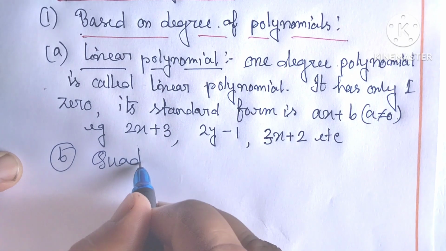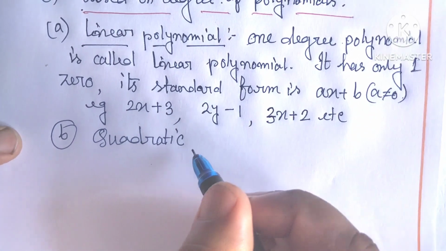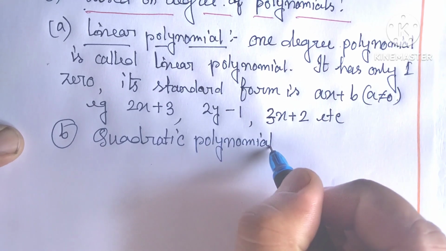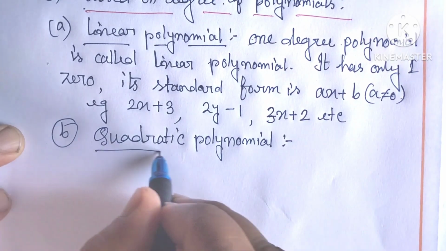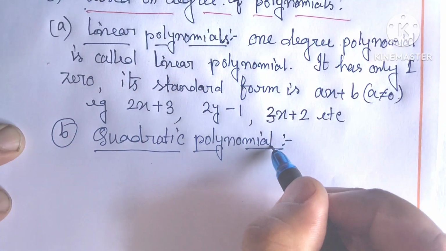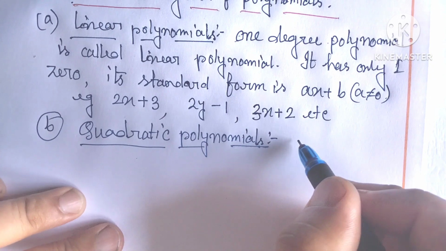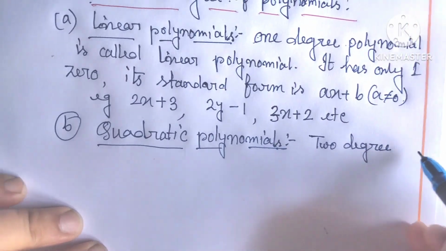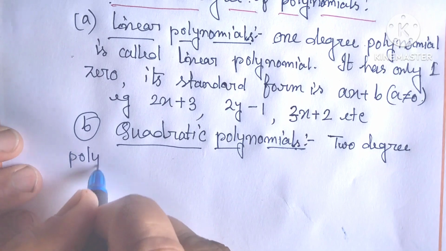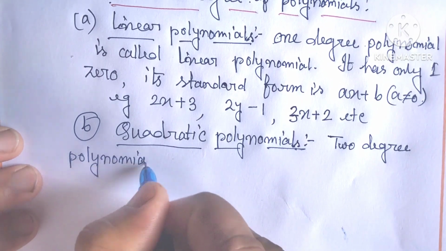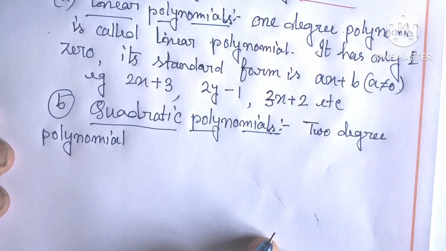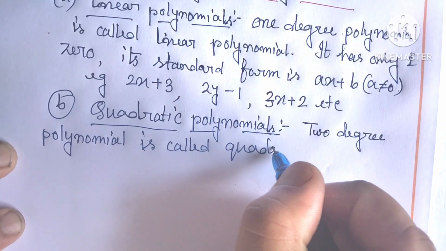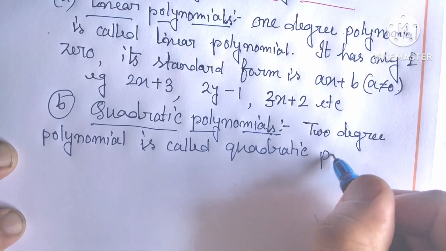Next, quadratic polynomial. Quad means 2. A 2 degree polynomial is called a quadratic polynomial.